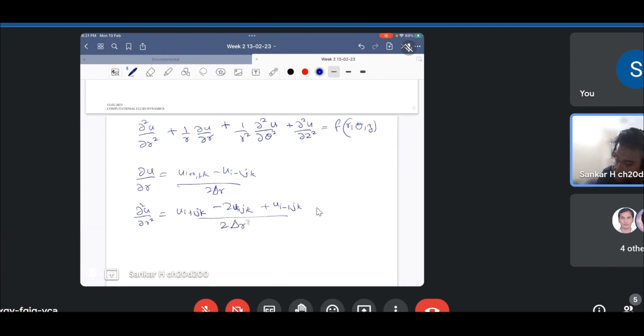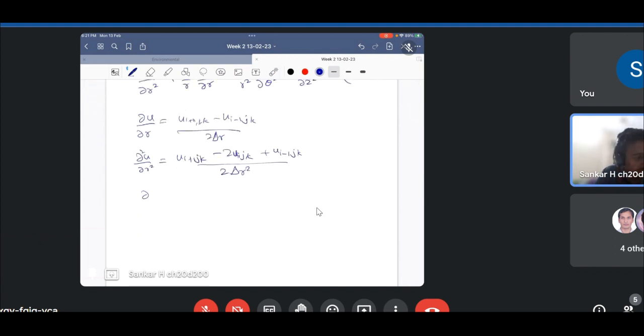u(i-1)jk over 2Δx. This is the central difference scheme. ∂²u/∂r² should be equal to (u(i+1)jk − 2u(ijk) + u(i-1)jk) divided by Δr². Similarly, we can discretize in the same way ∂²u/∂θ² as (u(i)(j+1)k − 2u(ijk) + u(i)(j-1)k) by Δθ². There won't be a 2 here either.